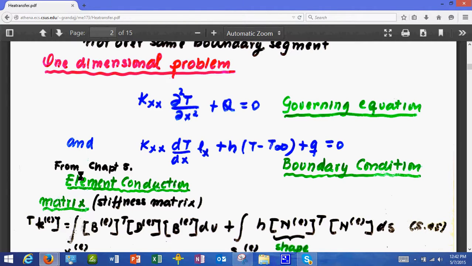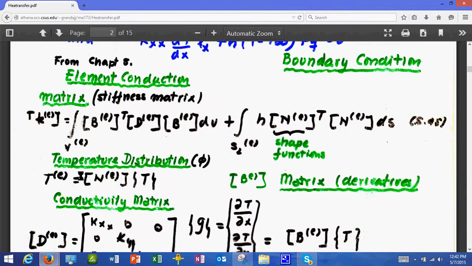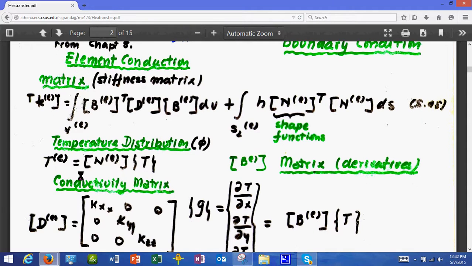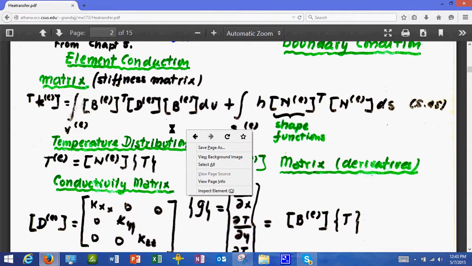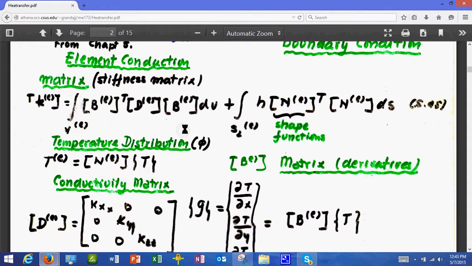Here the author has defined how you are going to calculate the heat conductivity matrix. We cannot call it stiffness because it's not the elasticity problem, but it's the equivalent of a stiffness. In fact, that's what it is.